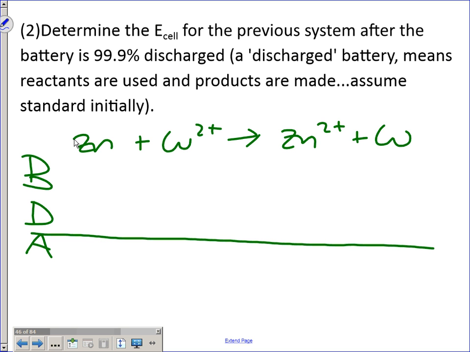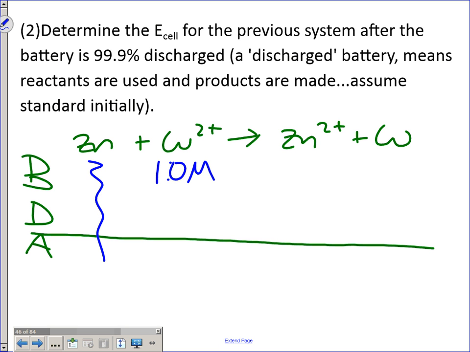It's 1 molar, and both of, oops, sorry, not that one. That's a solid, it doesn't have a concentration. I'm hoping you guys didn't do that. Zinc is just hanging out. It will change its mass, but we're not doing masses, we're doing BDA boxes. We can use molarity in this case, just like we can use moles, because I don't have a volume. I could assume 1 liter and do moles, but I think we're in good shape here.